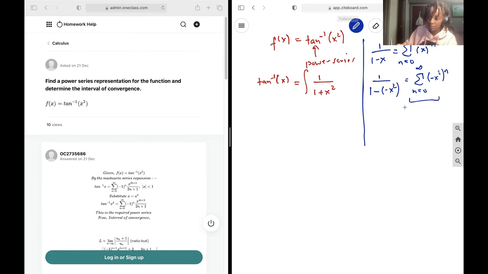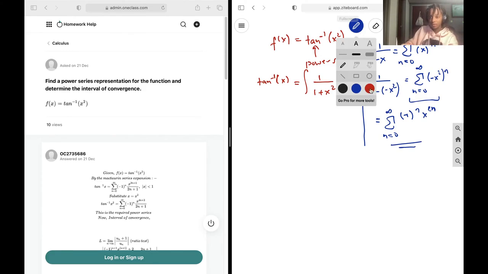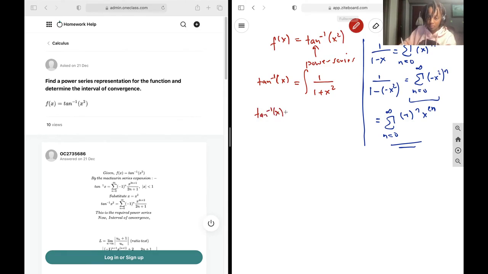And let's rewrite this in a simpler form. To the power of 2n. So if you want to get the power series representation of the inverse of tan, we'd like to take the integral of what we have just written out because the two are equivalent.